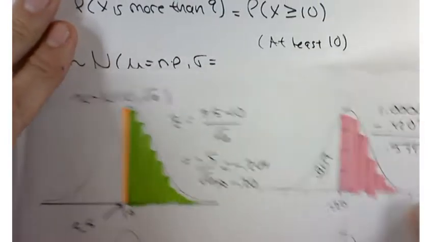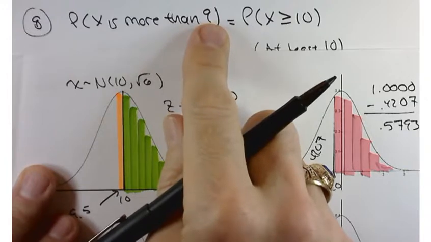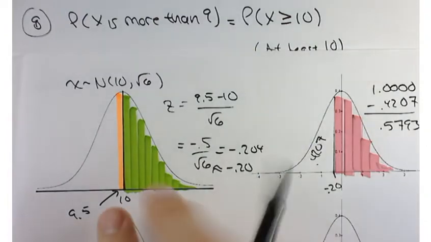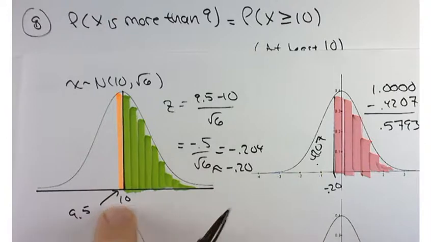All right, so to recap, we had to be a little bit careful here. When it said the probability is more than 9, really you had to translate to the probability starts at 10, 10 and up above. Now when we drew that area underneath a normal curve, before we calculated our z-value, we had to do the continuity correction.